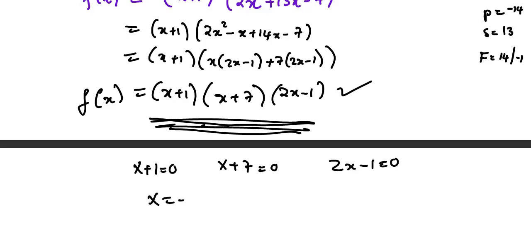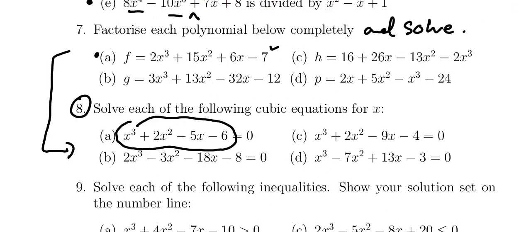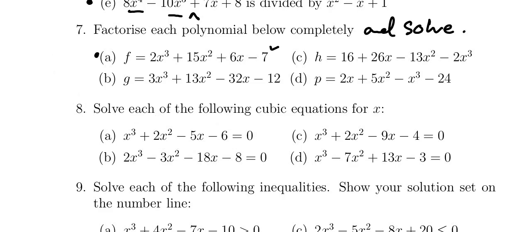So you get your three answers, meaning the polynomial cuts the x-axis at these three particular points. So this has answered both your questions 7 and 8, because on 7 we're just factorizing. Then on 8 we equate the factors we have gotten to 0, then we solve each one of them. Yeah, so that's what we basically have.